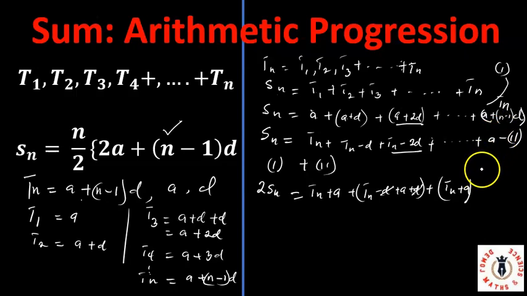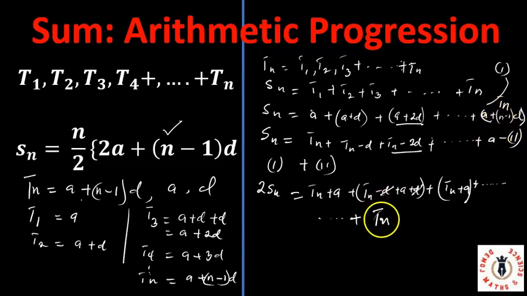When I'm going to add, this will continue in the series until I come to the last term here. If I come to the last term here, it will repeat itself, and I'll have a plus n minus 1 into d, plus a. If I'm adding this together, this is actually Tn. The whole of this also is Tn.